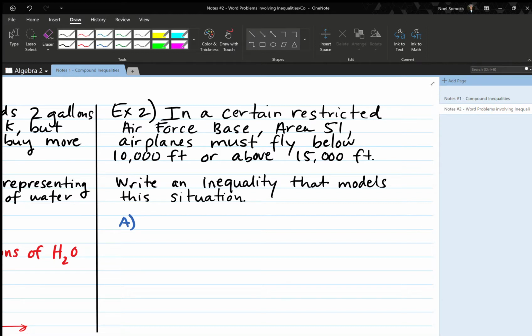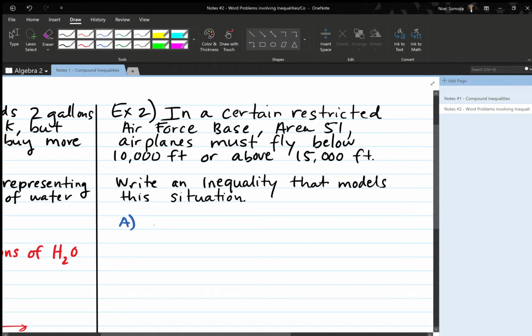So just like in example 1, what's the thing I need to do before I start writing any inequalities? I gotta define a variable. Yeah, I need to make sure that my audience, whoever's reading my problem, understands that I know what that unknown is. Okay, so we define a variable. Any ideas on what we want to call it?